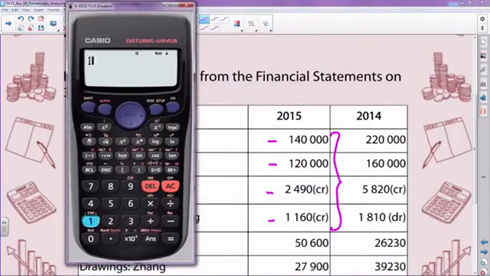Right, so we've got an amount of 140,000 plus 120,000 plus 2,490, remember, because it's a credit balance, plus another credit balance, 1,160. Right, so our total equity for the 2015 financial year, an amount of 263,650. So let's take that through to our answer sheet.